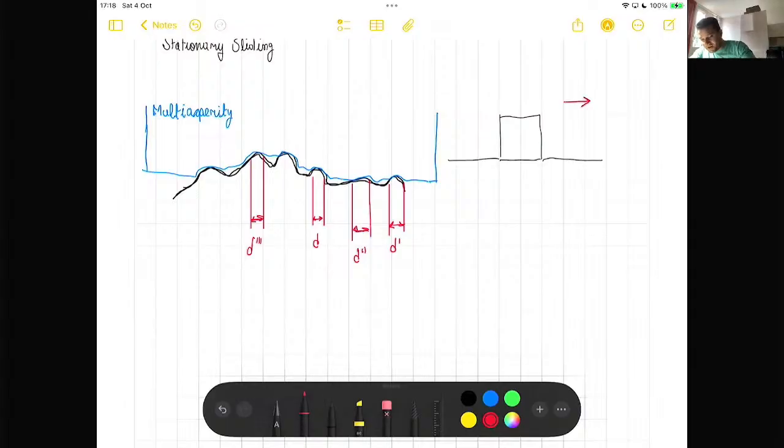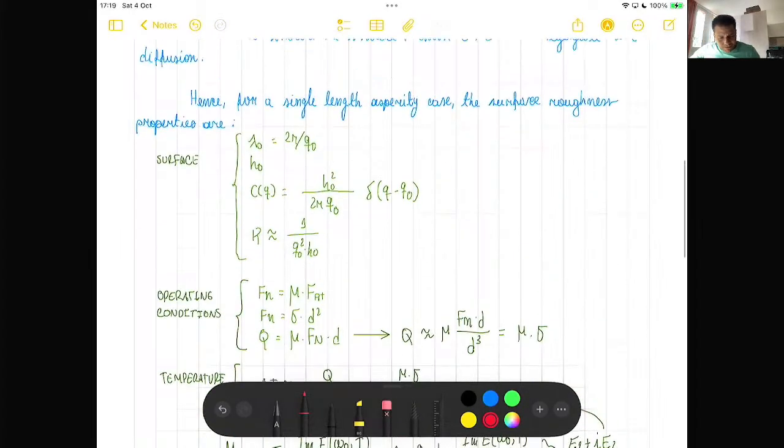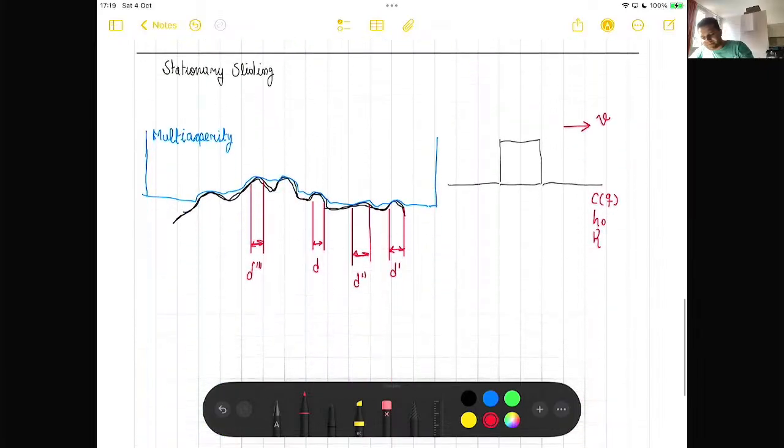So we have V. V has no variation in time, so it's fixed. And a randomly rough substrate. So there is a CQ, there is a H0, there is R, and which is the other parameter? It's here lambda 0 and lambda.